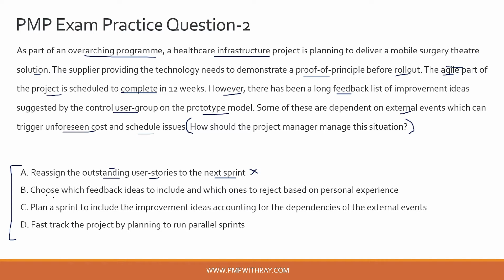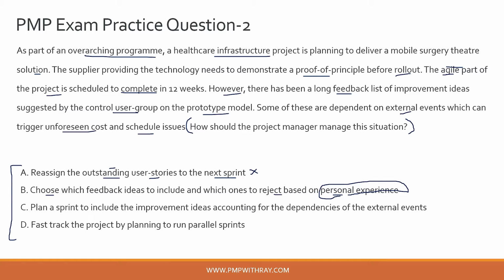Option B, choose which feedback ideas to include and which ones to reject on a personal basis. Now, this might have been a good option, but you know which part of this option makes it incorrect? It is this part, personal basis, because this is totally off track from servant leadership behavior.